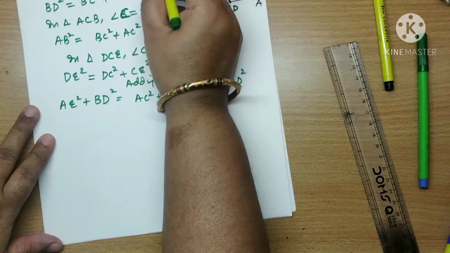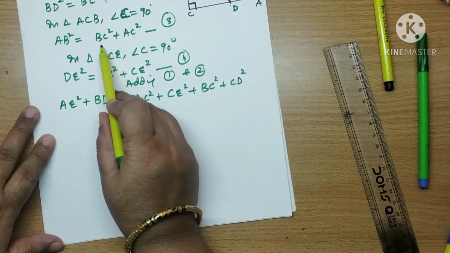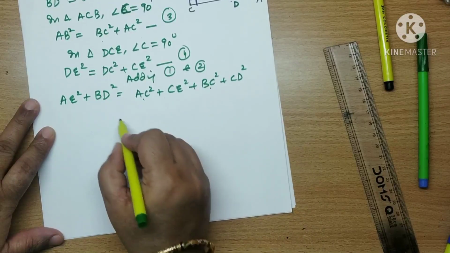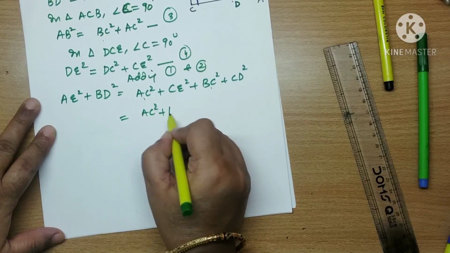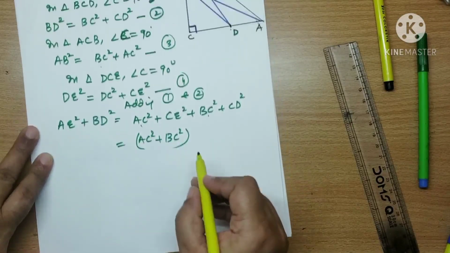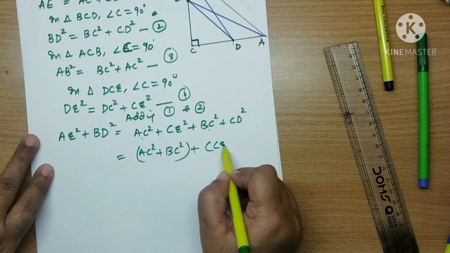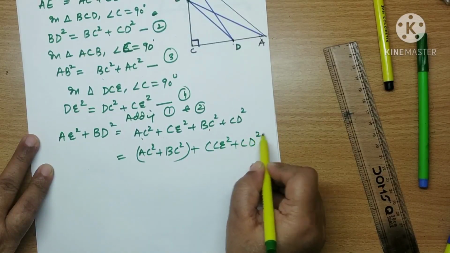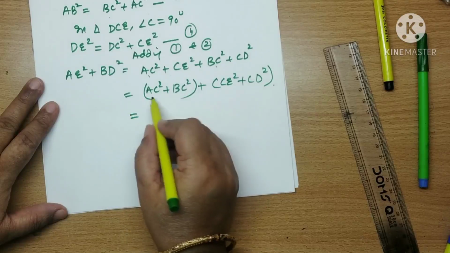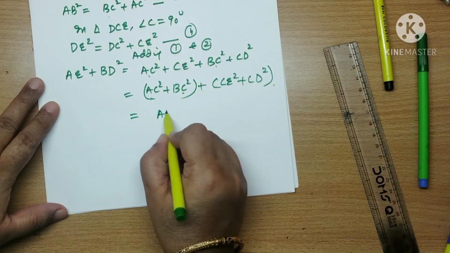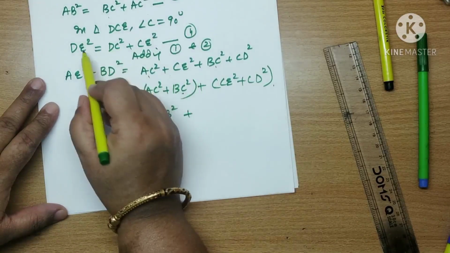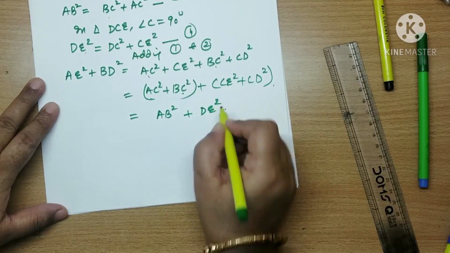I need to get this equal to AB and DE. What is AB, BC and AC? So BC and AC can be clubbed: AC square plus BC square, and CE square plus CD square. So this is equal to AB square and this is equal to DE square.